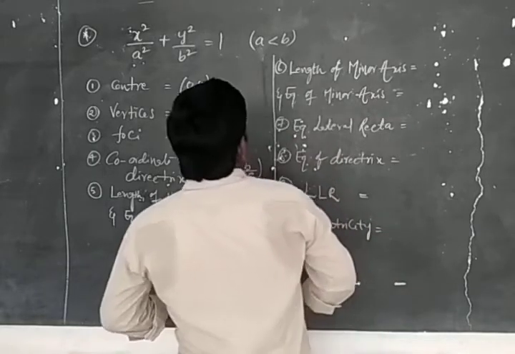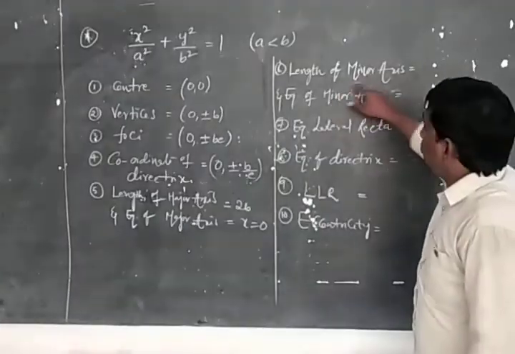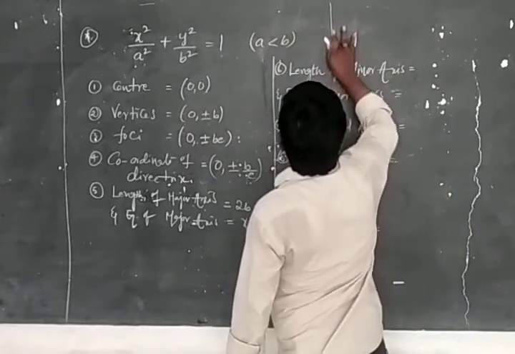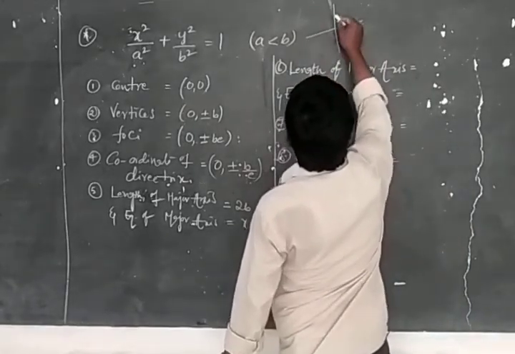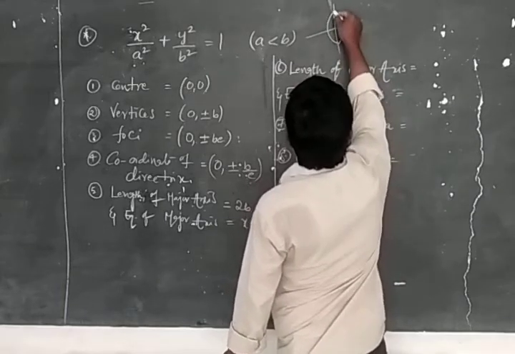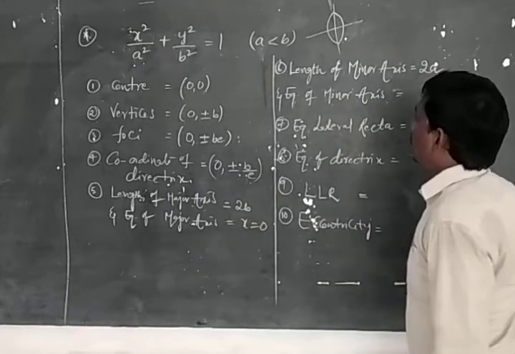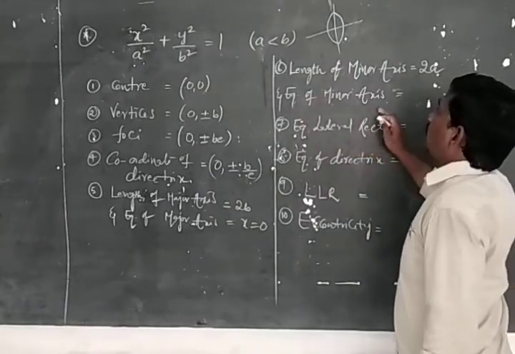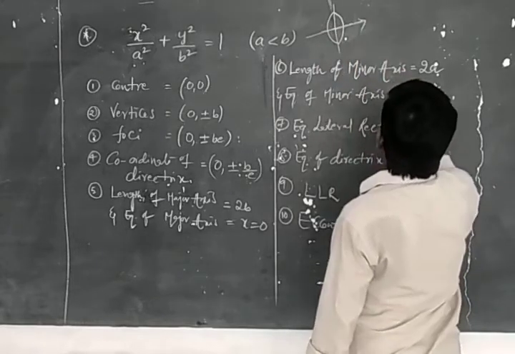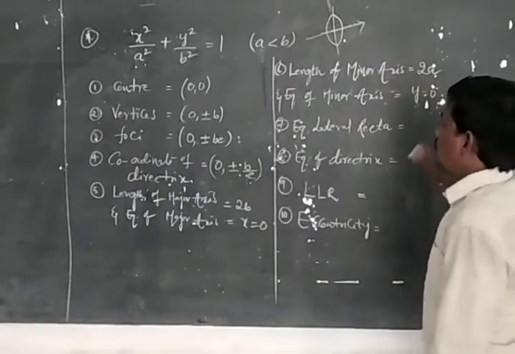Okay, the length of the minor axis is 2a. The equation of the minor axis, this is the x axis, that is y equal to 0.